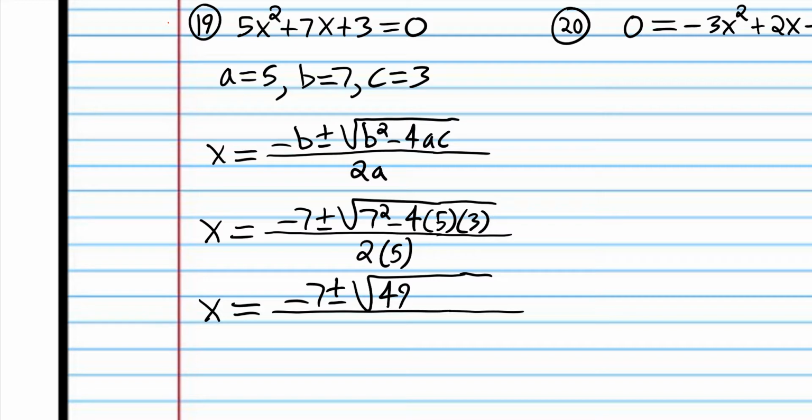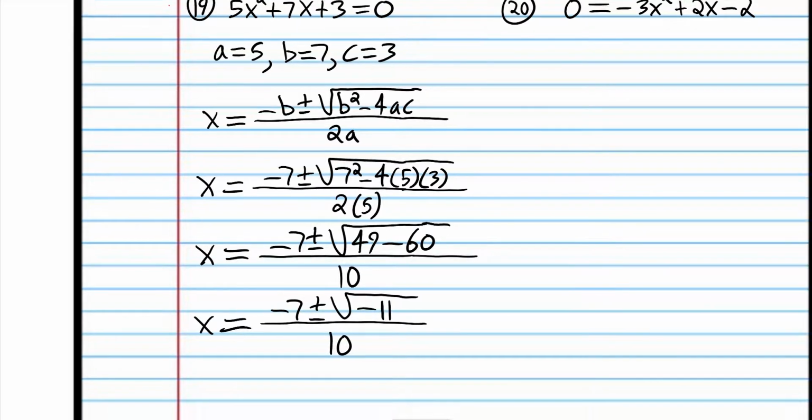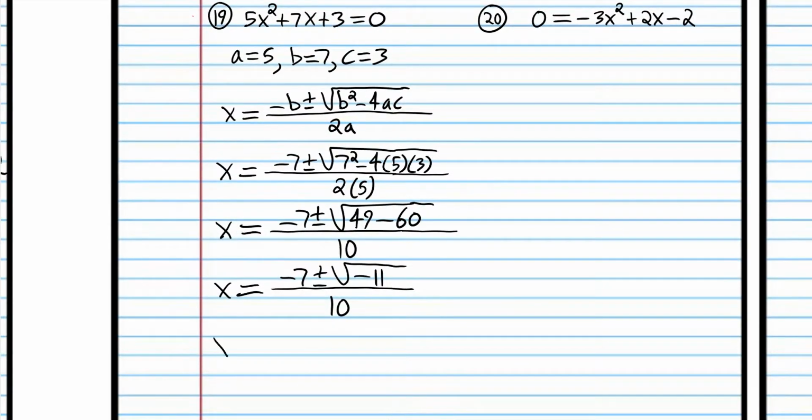4 times 5 is 20, 20 times 3 is 60. 2 times 5 is 10. And 49 minus 60 is negative 11. And when we have a negative inside that root, that means we have complex solutions.